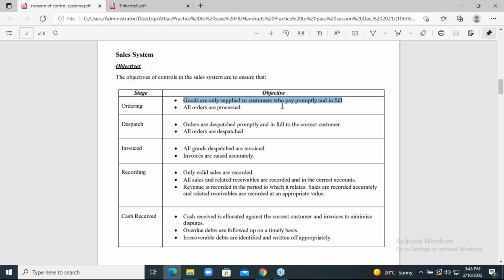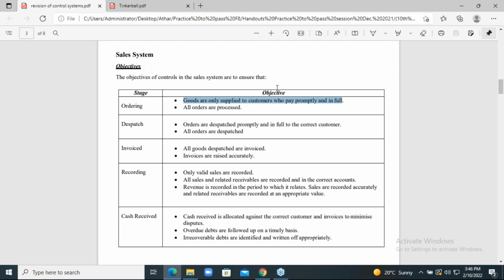So what was risk of material misstatement we discussed last day? Risk of material misstatement is inherent risk and control risk. Now, by going through the sales system of the organization and by communicating the risks in the business, that is, disclosure of these risks to management, not only have we fulfilled our responsibility according to ISA 265, but we are also now able to assess the control system of the organization.